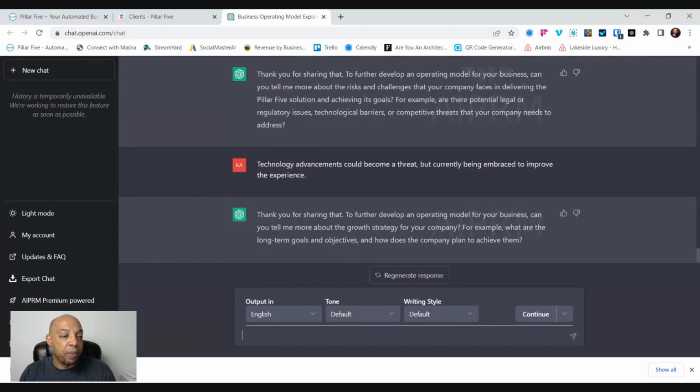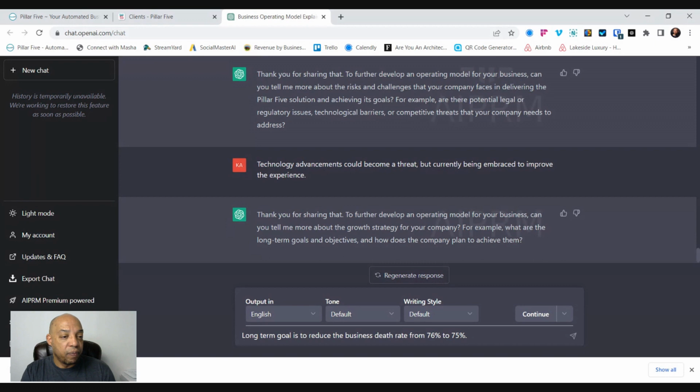Okay, what are the long-term goals? How does the company plan to achieve them? So, the long-term goal is to reduce the business death rate from 75%, oops, from 76% to 75%.